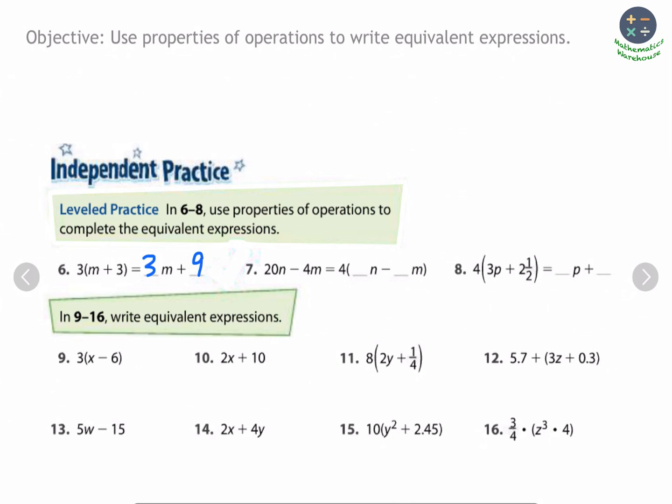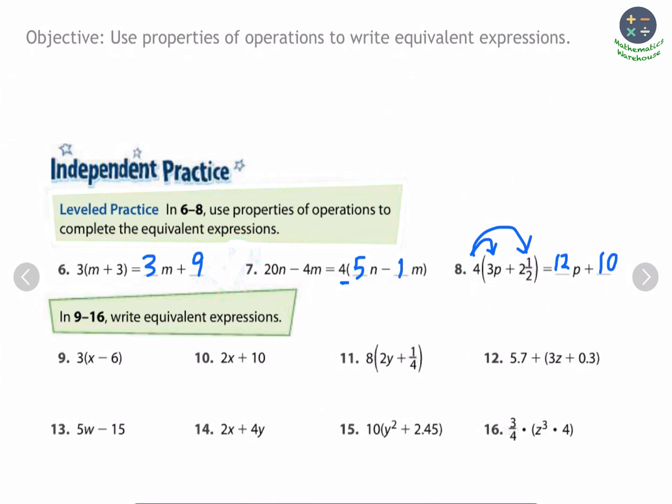Here, he makes it very easy for us because he showed you the common factor, which is 4. So you just have to divide both terms by 4. So 20n divided by 4 equals 5n, and 4m divided by 4 equals 1m. And here we have to multiply 4 by both of these. So 4 times 3 equals 12p, and 4 times 2.5 equals 10.